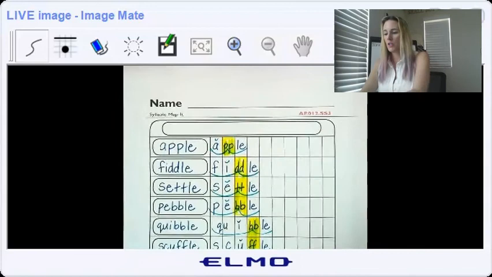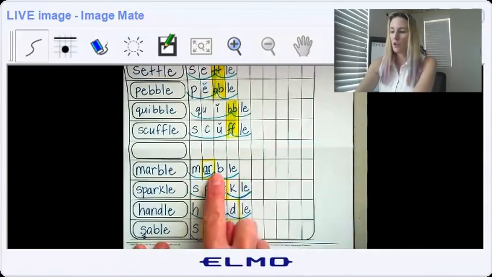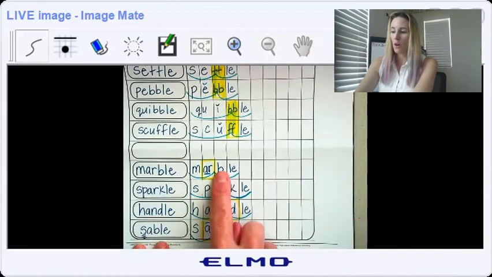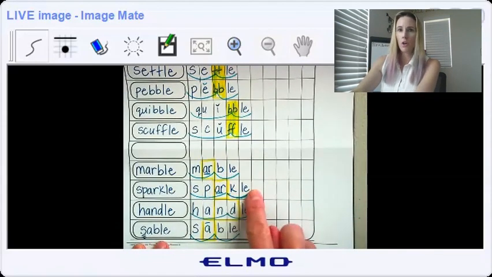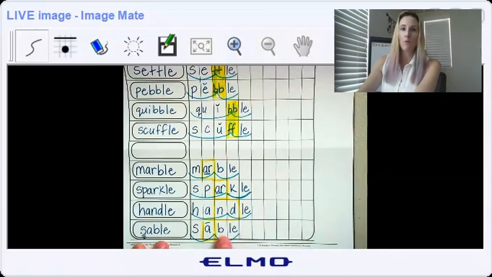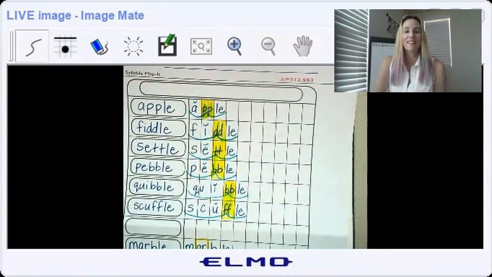And then on the words that do not get doubled, you're going to scoop right before the consonant-LE. So the ble, kle, dle will all be syllables on their own, all right? So I know you can do it. Do your best. Bye.